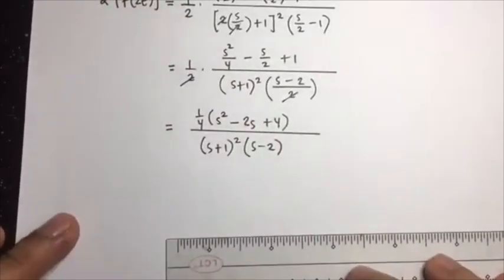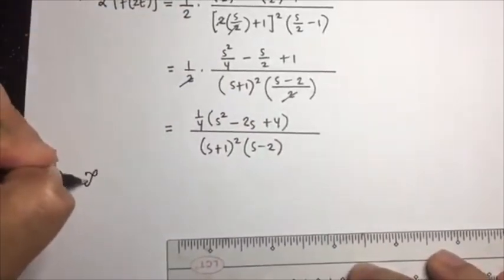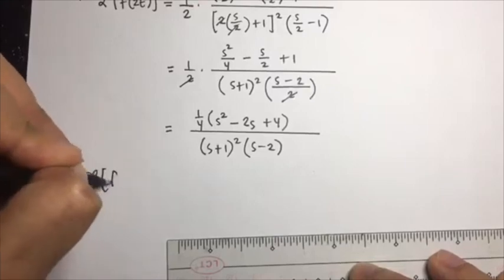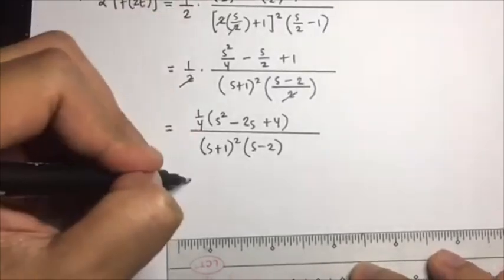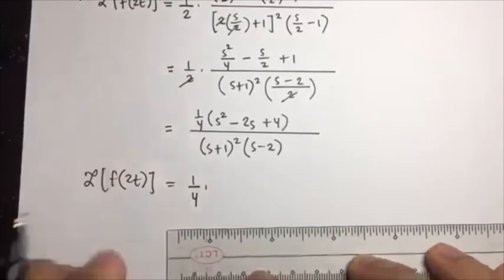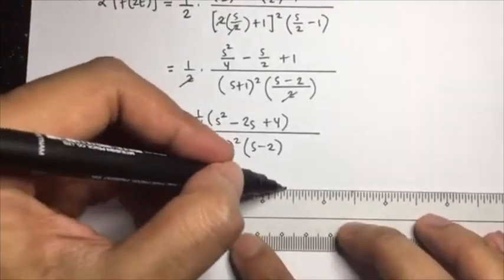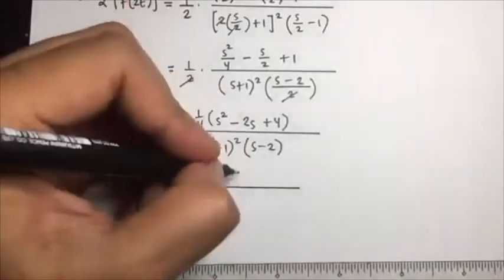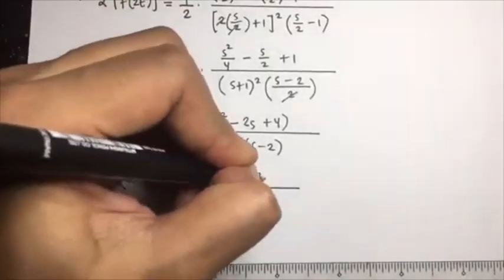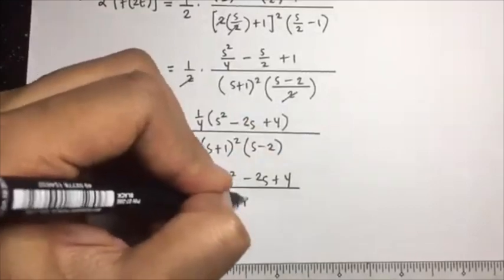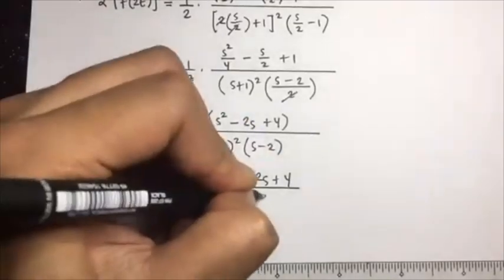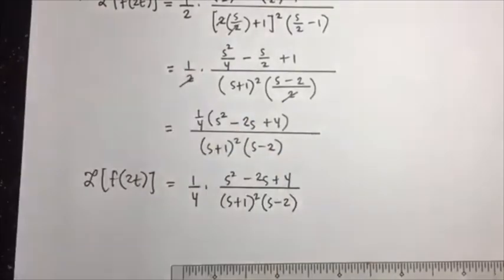Therefore, we can simplify the Laplace transform of f of 2t to be equal to 1/4 times s squared minus 2s plus 4 over s plus 1 squared times s minus 2.